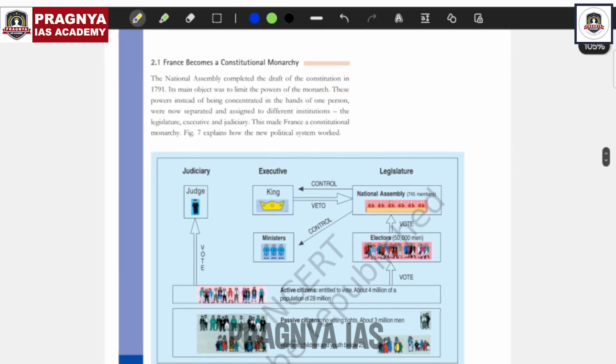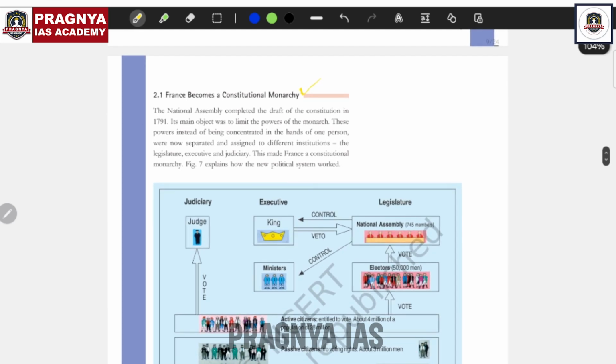Next topic: France became a constitutional monarchy. The National Assembly completed the draft of the Constitution in 1791. Its main objective was to limit the power of the monarch. These powers, instead of being concentrated in the hands of one person, were now separated and assigned to different institutions like the legislature, executive, and judiciary.